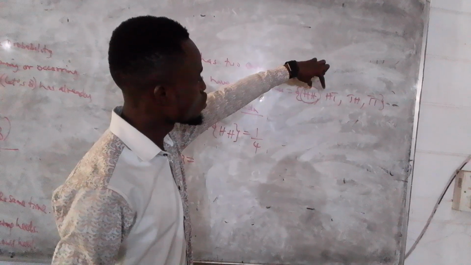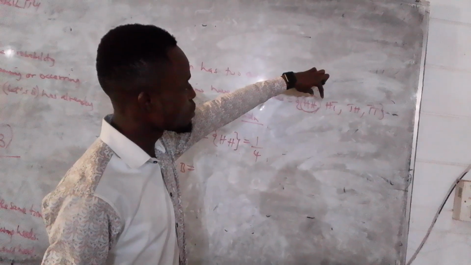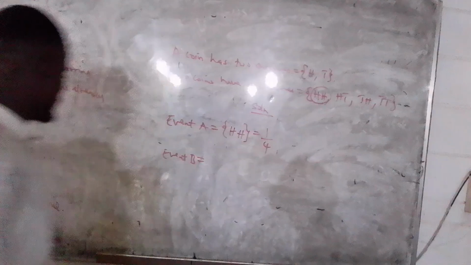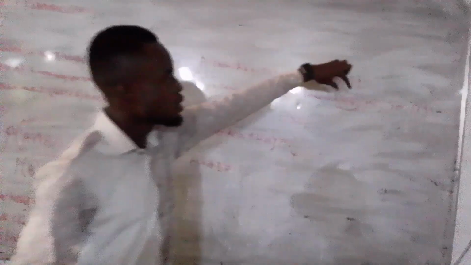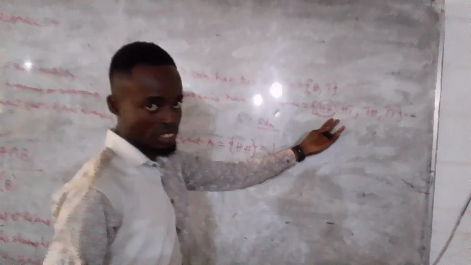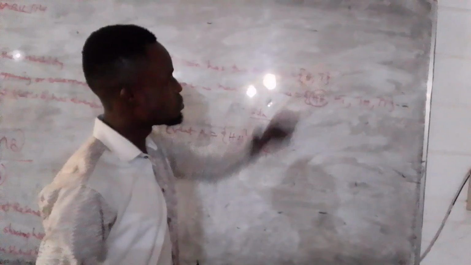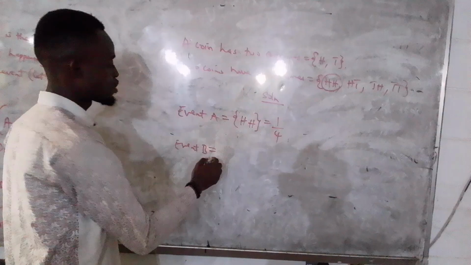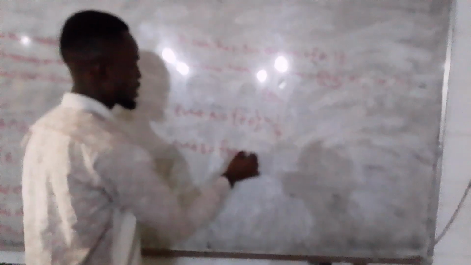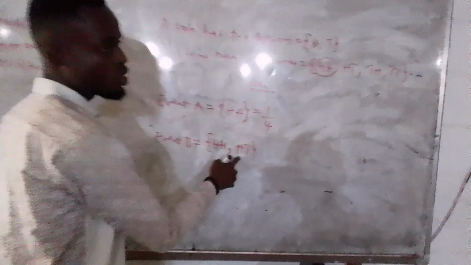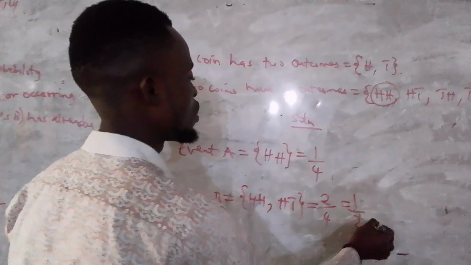So we have two outcomes where head comes first from the four possible outcomes. So that is 2/4, which is equal to 1/2.